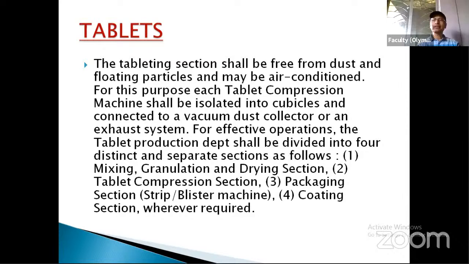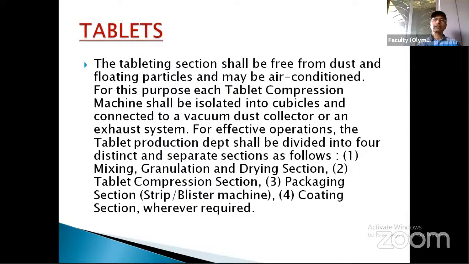Why? Such that the powders or the granules which are being used in a particular tablet compression machine, when the machine is operating, no dust or particles can float and go to the other compression machine where you are compressing a different preparation. So it can contaminate that product.